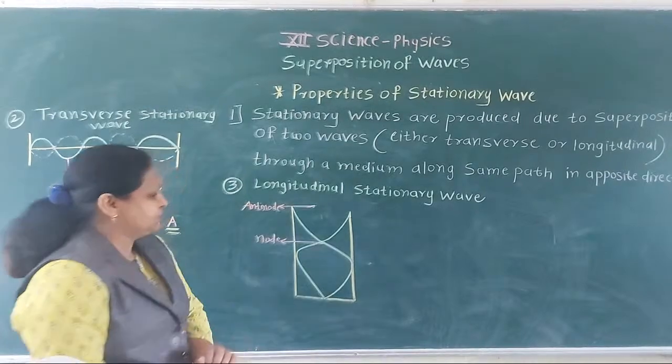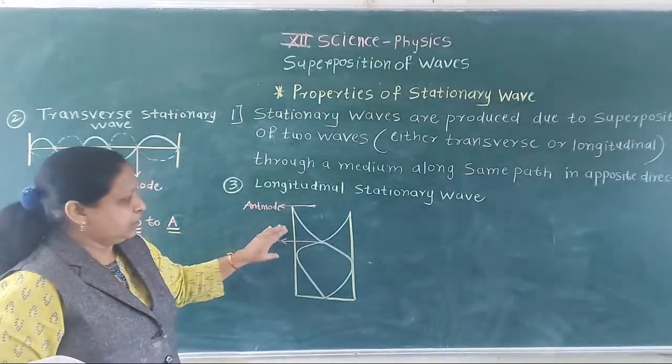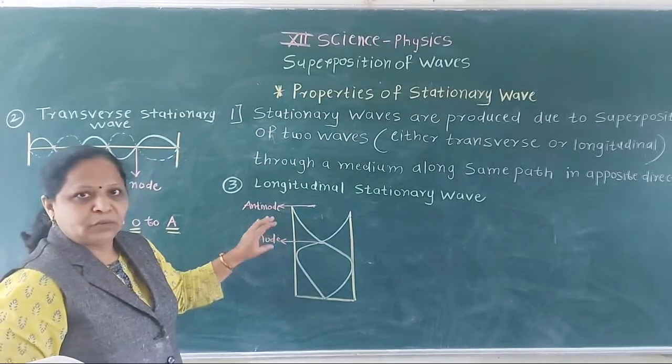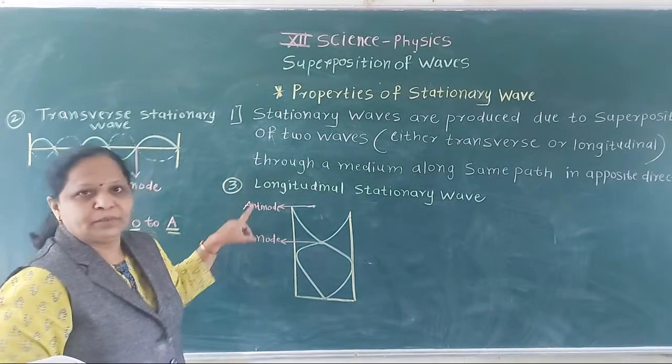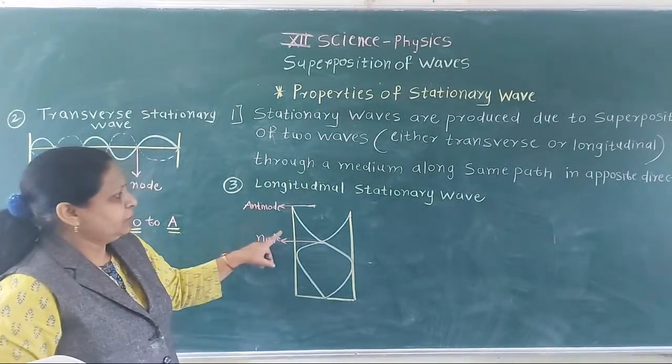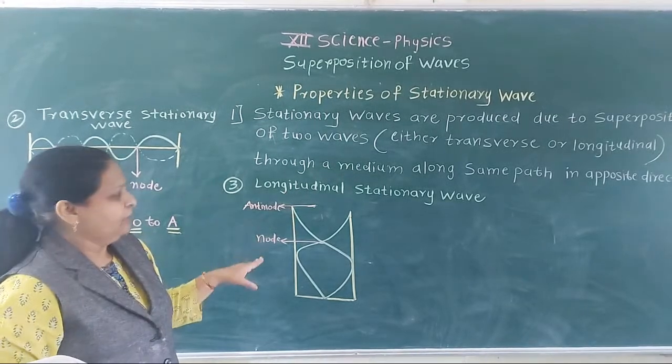Now observe in this diagram, the two waves superposed on each other along the same path through a medium but in opposite directions. Therefore, the resultant wave is known as the longitudinal stationary wave.